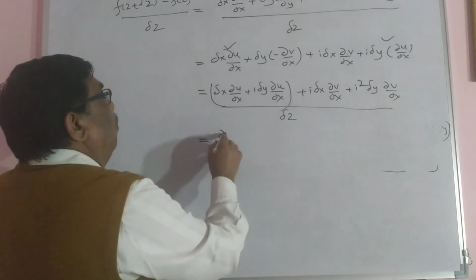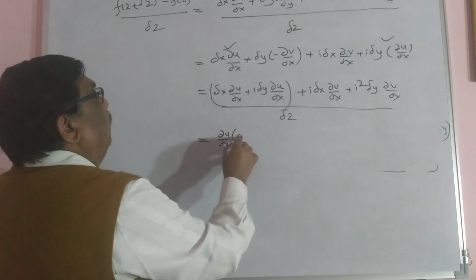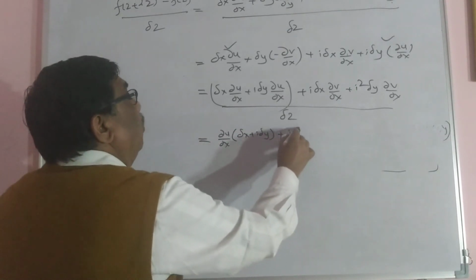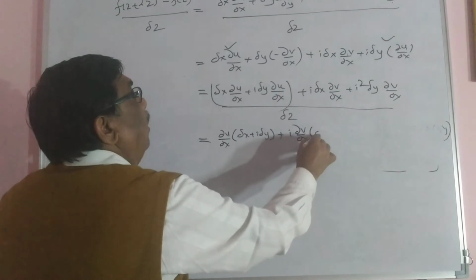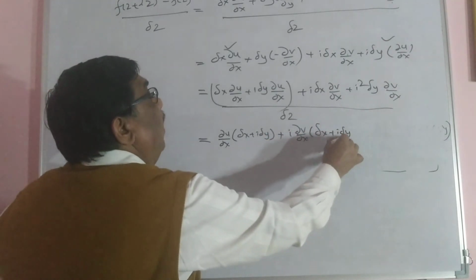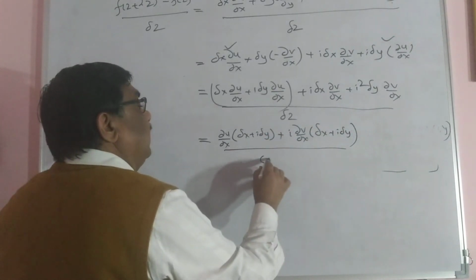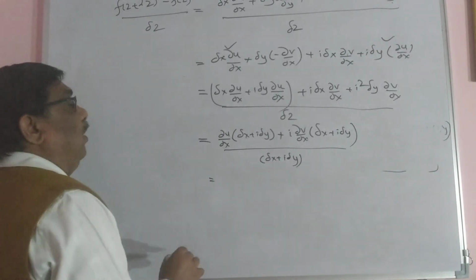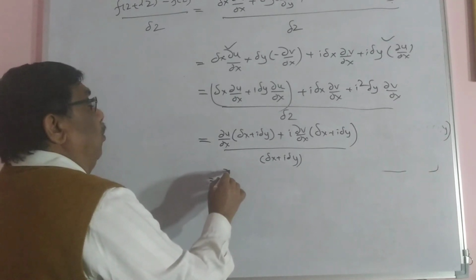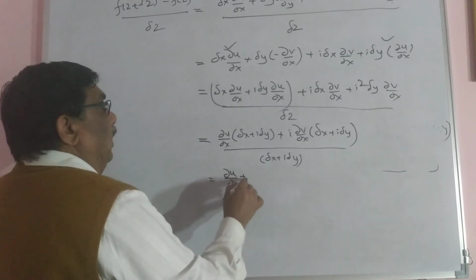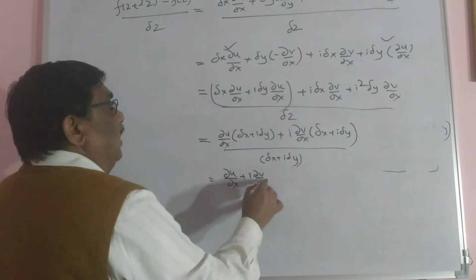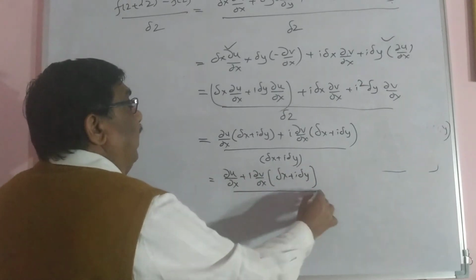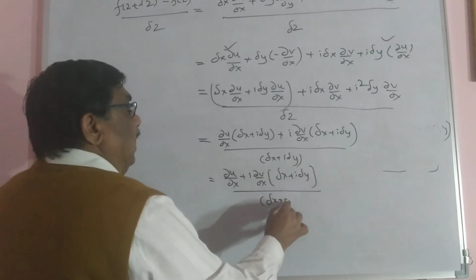Then ∂u/∂x is common, we are left with delta x plus i delta y; and i ∂v/∂x is common, left with delta x plus i delta y, divided by delta z, which is delta x plus i delta y. Therefore this is ∂u/∂x plus i ∂v/∂x, into the bracket delta x plus i delta y divided by delta x plus i delta y.